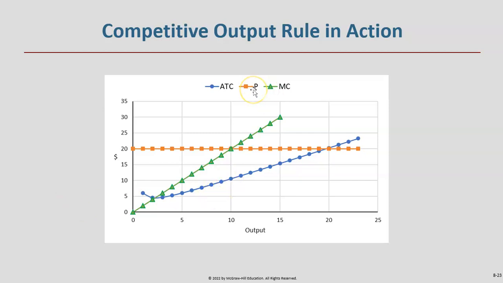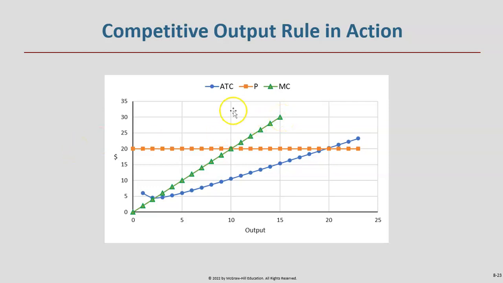The average revenue, marginal revenue, price line is orange with squares. And now I've drawn the marginal cost, which is equal to 2 times Q. That is a ray from the origin in this diagram, the green line indicated by triangles.